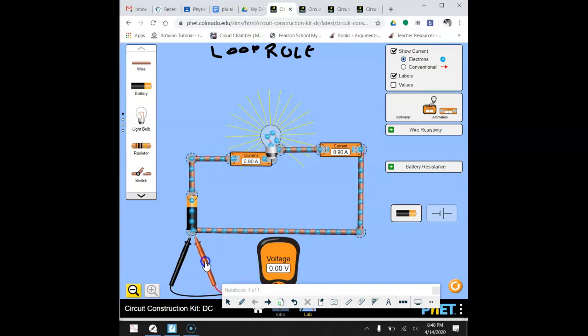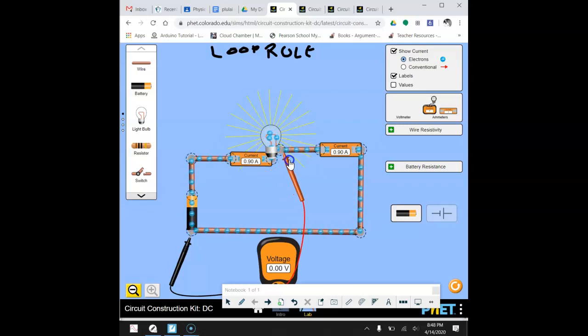So we said 0 volts, 9 volts, still at 9 volts. Nothing has used energy. The battery provided energy. Now, does the light bulb use energy? Does it use energy from the charges, or does the light bulb provide energy to the charges? Use energy or provide energy? Somebody said it. I heard somebody say it uses. Yep.